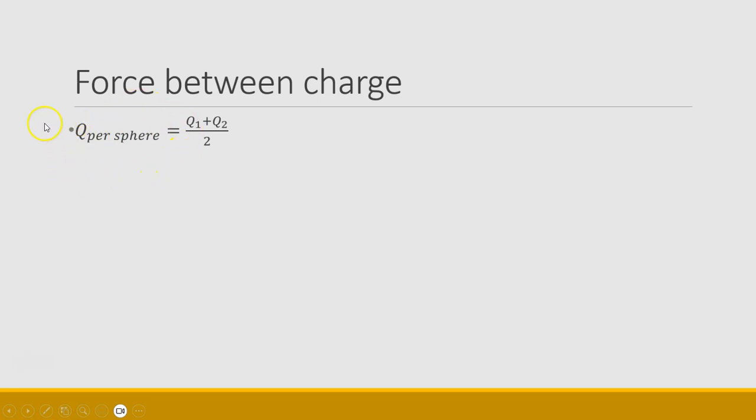So remember that the charge per sphere, once they've been separated, is going to be the same for both the spheres because they are going to share in their excess of electrons or in their deficit of electrons equally.